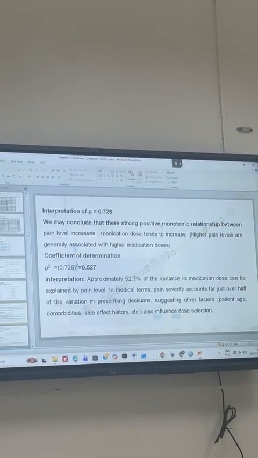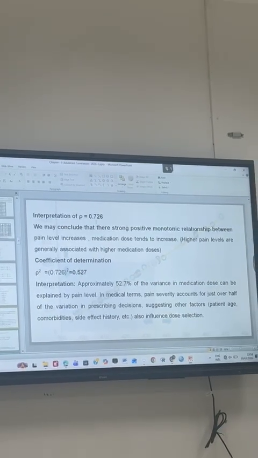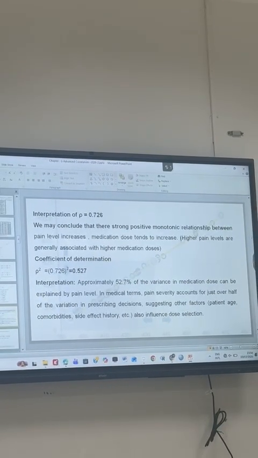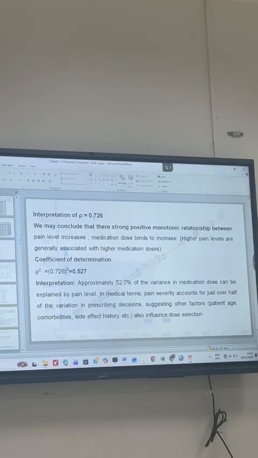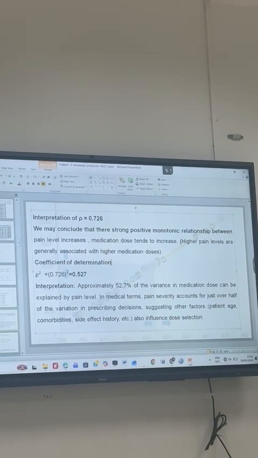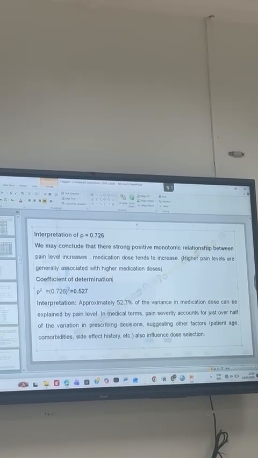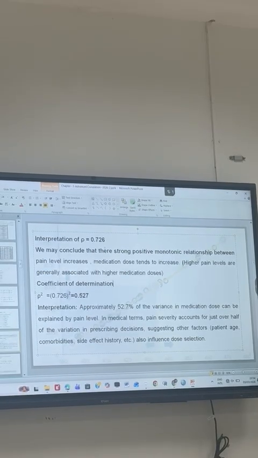Here, strong positive monotonic relationship and very high. Clear? Second, if any number is given for the correlation coefficient, what is the value of the coefficient of determination? The coefficient of determination means the square of the correlation coefficient. Clear?